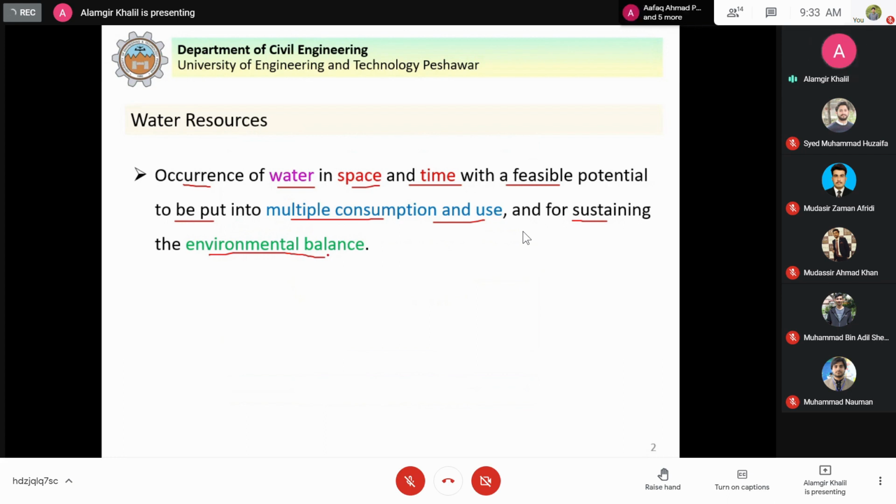Water occurring in space and time is not constant; you see that the quantity varies from place to place and from time to time at the same place. But water occurs from place to place and time to time with a feasible potential to be put into multiple consumption and use.